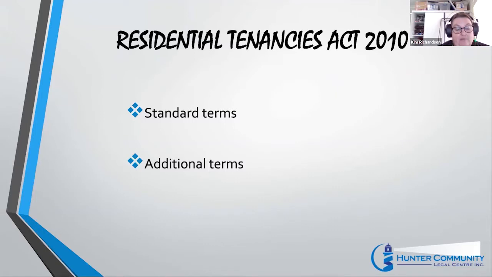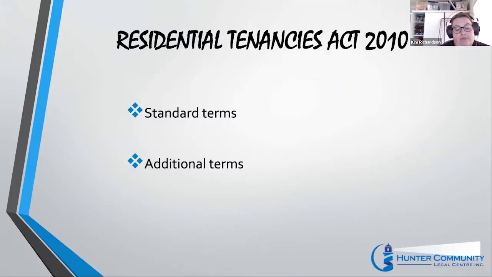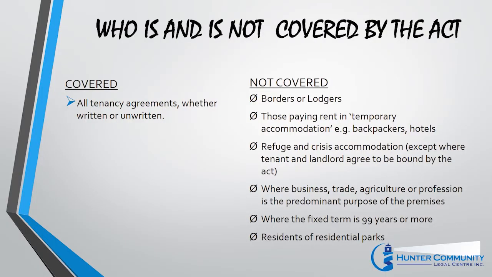Now, additional terms may be included in the standard residential tenancy agreement if both yourself and the landlord agree to them, they don't conflict with the Residential Tenancies Act or any other legislation, and they do not conflict with the terms of the standard agreement. So it's not possible for an additional term to override anything that is set out in the standard agreement of your residential tenancy agreement. Okay.